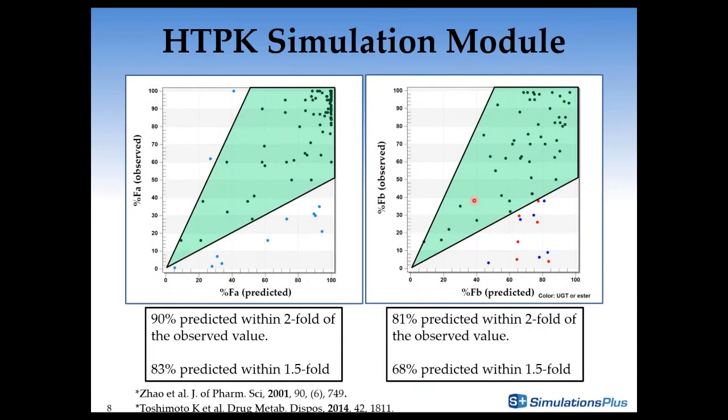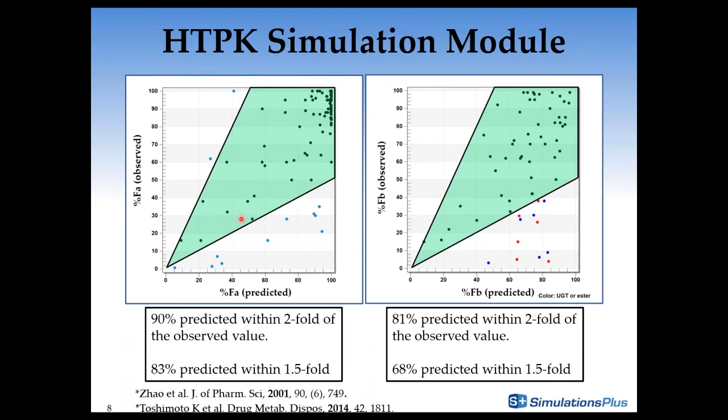And then this shows the predictive performance of the HTPK module. We used all predicted inputs from ADMET Predictor and then estimated either fraction absorbed or fraction bioavailable for compounds from 2 well-known publications.